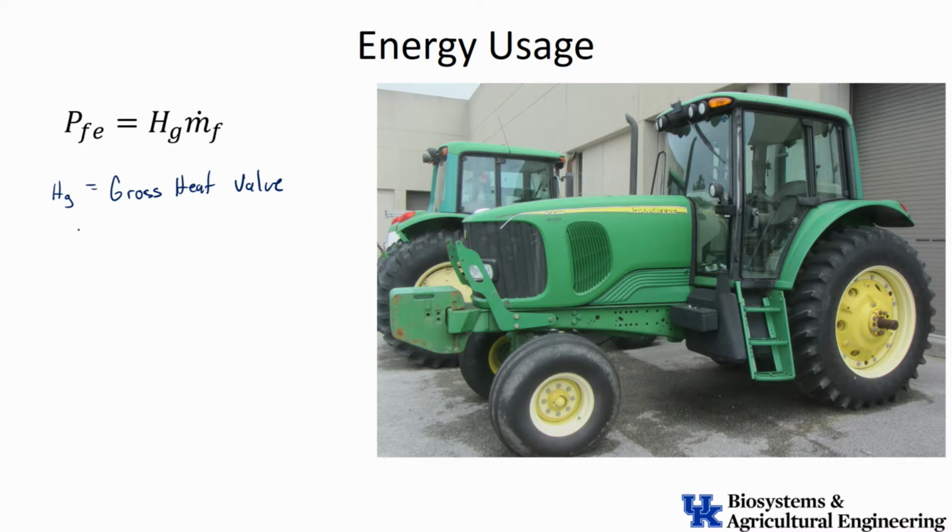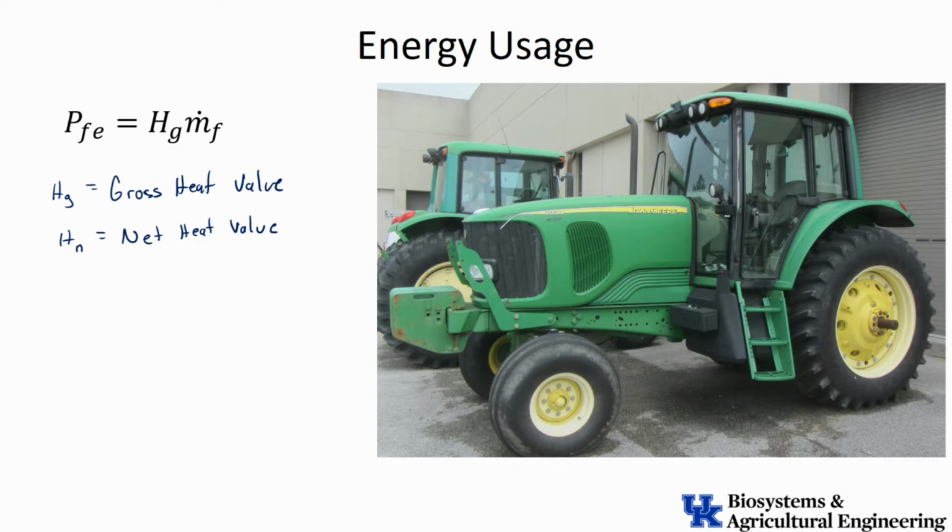Now there is a thing called the net heating value, so I'll mention that because we can get confused. So H sub N is the net heating value of the fuel. The difference between those two is that when we burn a fuel in a calorimeter, there's going to be water as a byproduct, and the question is, do we recover that water as a vapor, or do we condense it, which is going to take energy to condense it back to liquid form, and recover it as water?